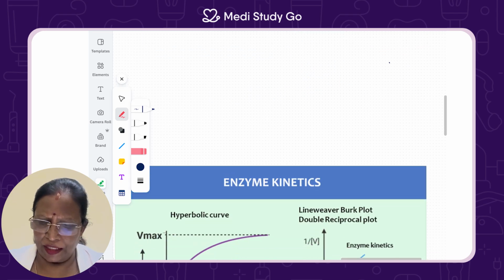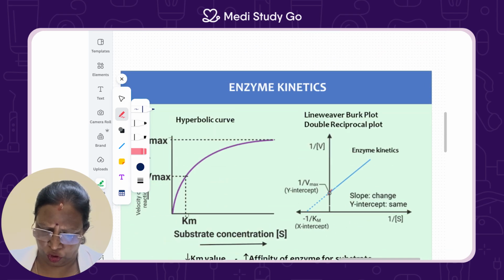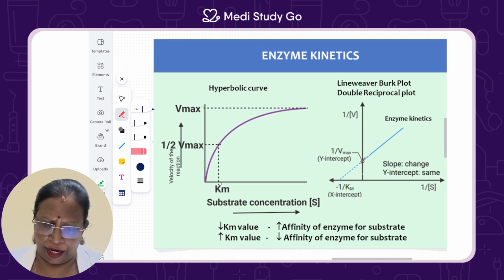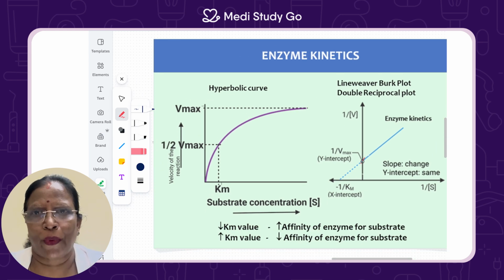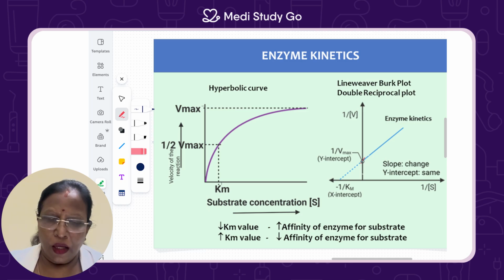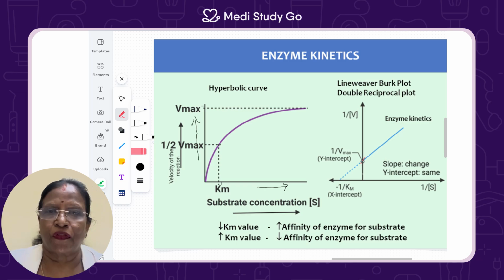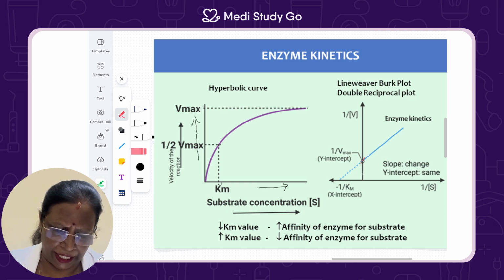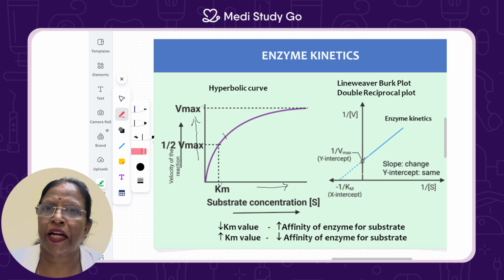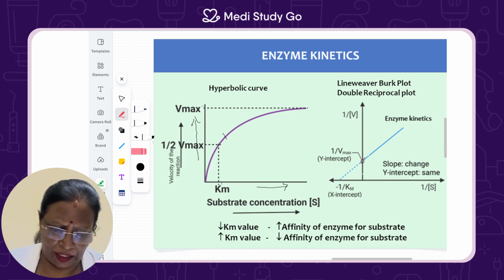Now, when enzyme binds to substrate, there are 2 kinetic parameters which we have to remember, and they are important with the inhibitors. So let us see these 2 parameters. With the increase in substrate concentration, there is an increase in the velocity of the reaction proportionately to some extent, directly proportional. Further increase in substrate concentration increases the rate of the reaction, but it is not direct.